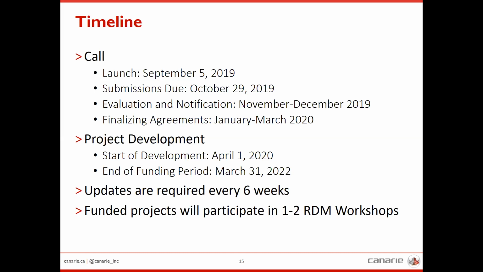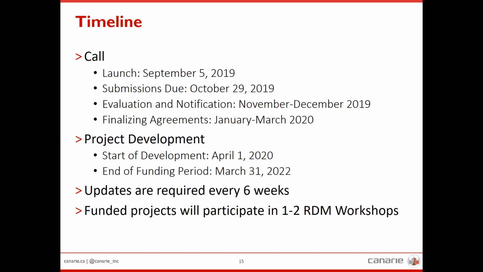And like this past January, where we had an RDM workshop with the 9 successful projects, the goal is to have 1 and possibly 2 similar workshops over that 2-year timeline for the projects that are funded in this new Call 2.